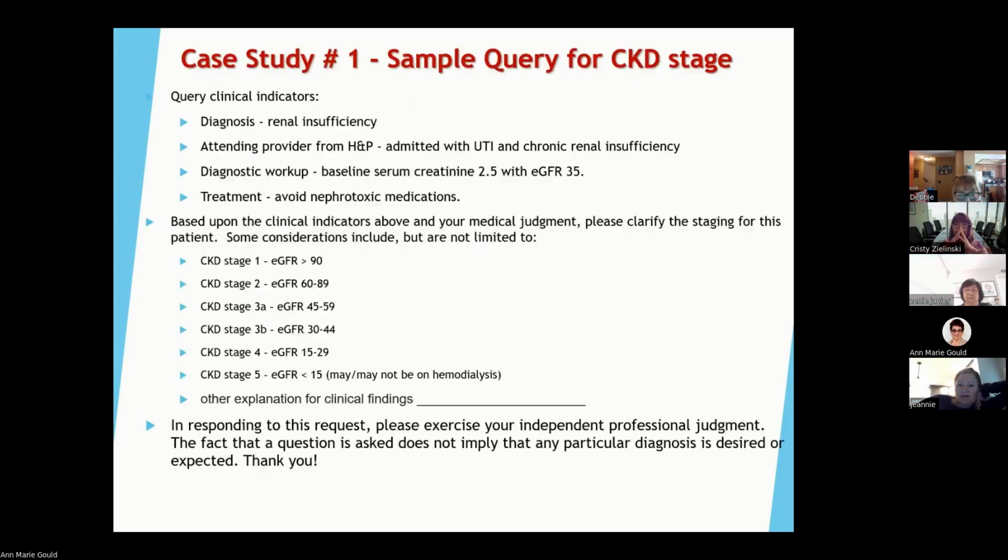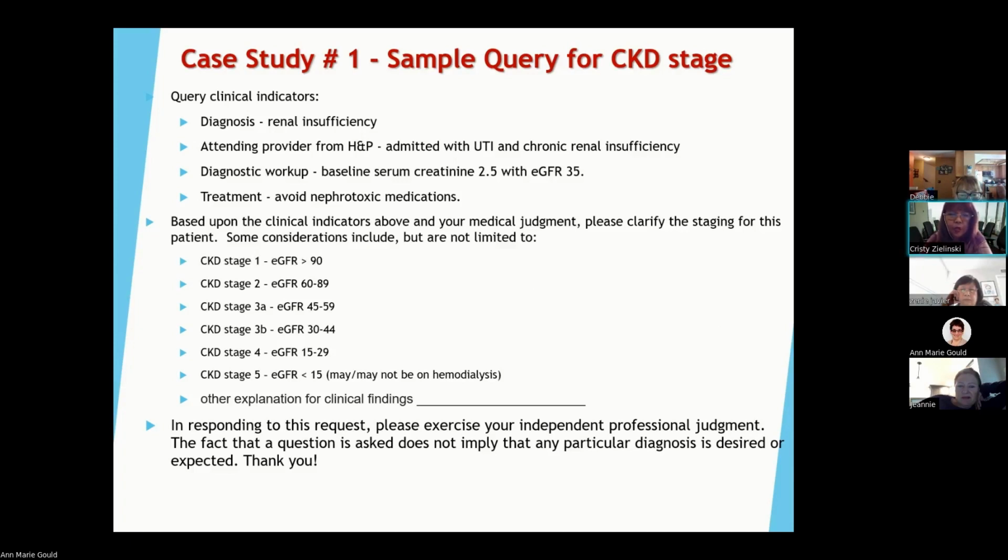And then this is just a sample query. Those are always good for me to have. So you put the three-legged stool: the workup, the treatment, and the labs.